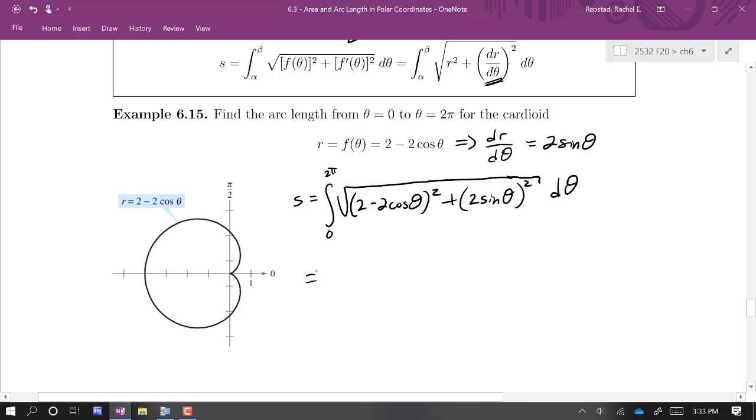All right, our path forward with this integral, I think, will be just to do some algebra. Let's expand out the product, the (2 minus 2 cosine theta) squared.